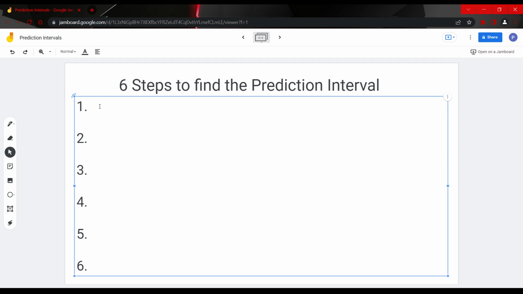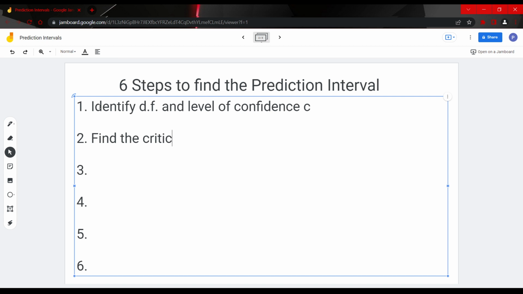Our first step is to identify our degree of freedom and our level of confidence C. Our second step is to use that to find our critical value on your t-table.